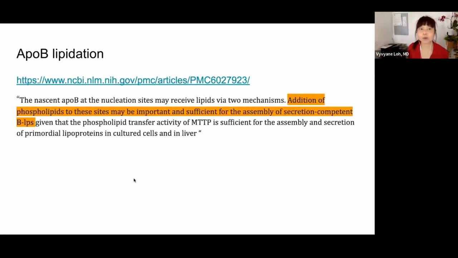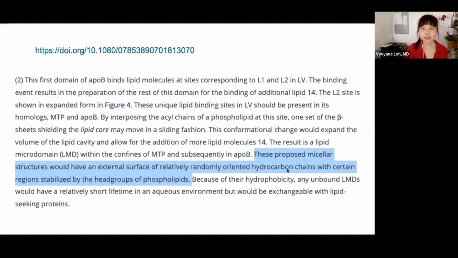So looking at ApoB lipidation, we see in this paper that the addition of phospholipids to this site may be important and sufficient for the assembly of secretion-competent B lipoproteins, phospholipids, right? Not cholesterol. Again, these proposed micellar structures, yay, first principles, would have an external surface of relatively randomly oriented hydrocarbon chains with certain regions stabilized by the head groups of phospholipids.